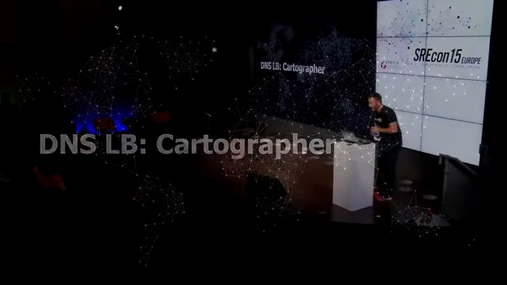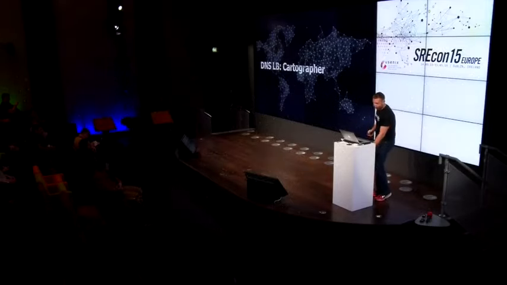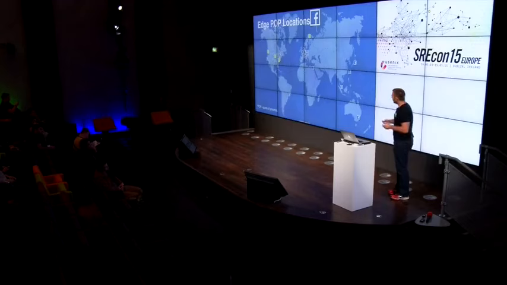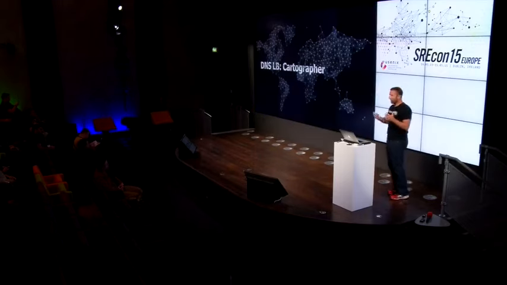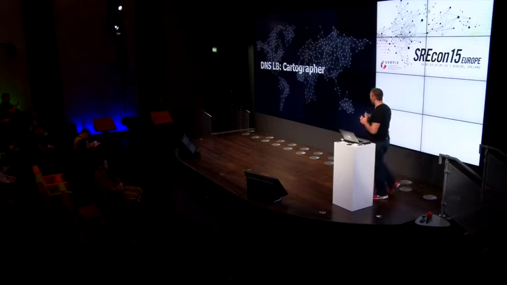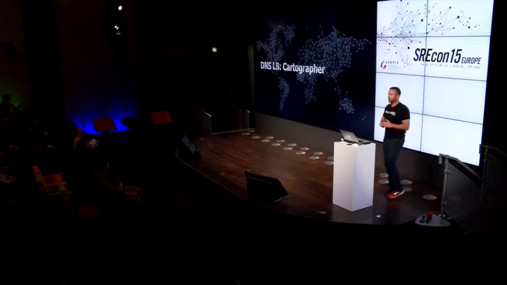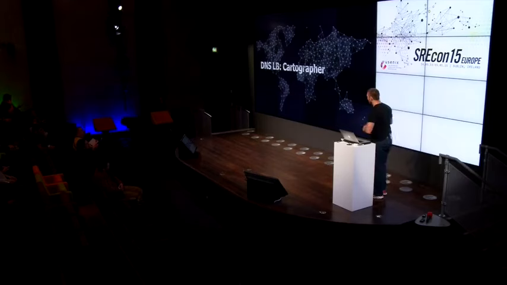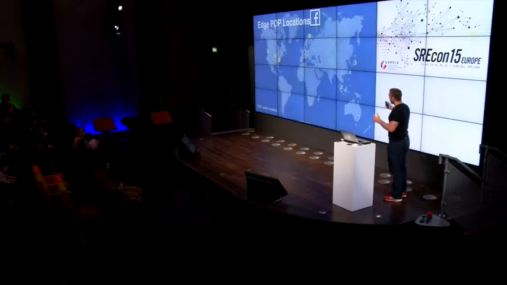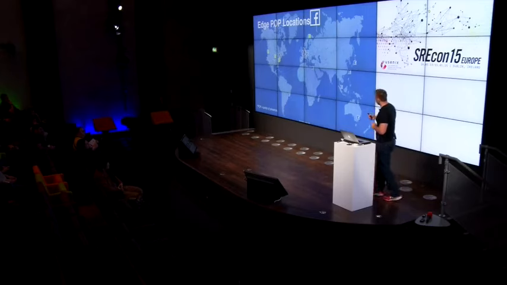So now let's talk a little bit about how we do DNS load balancing. Cartographer is the workhorse behind how we map the world, our view of the world in terms of NetBlock to our edge POP connectivity. So again, here's an image of our edge POPs.